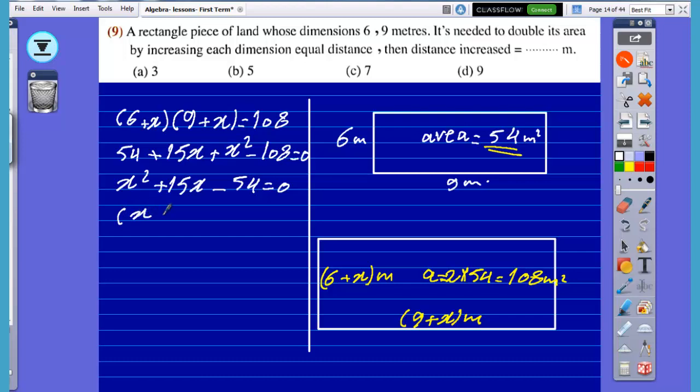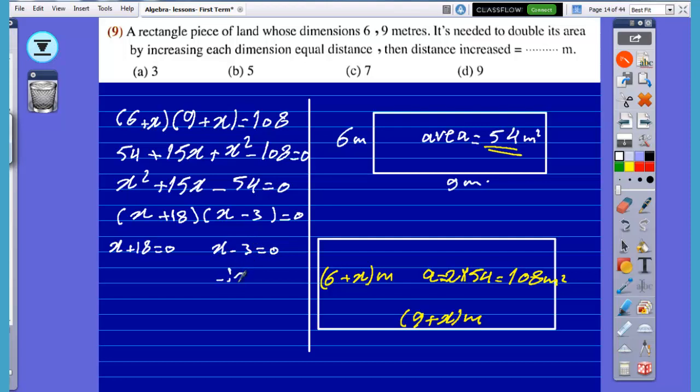It will be x multiply x, factorizing 54, and the difference will be 15, positive 18 minus 3, and x plus 18 equals 0, or x minus 3 equals 0.